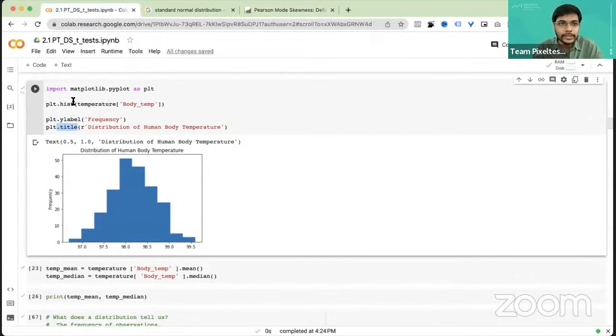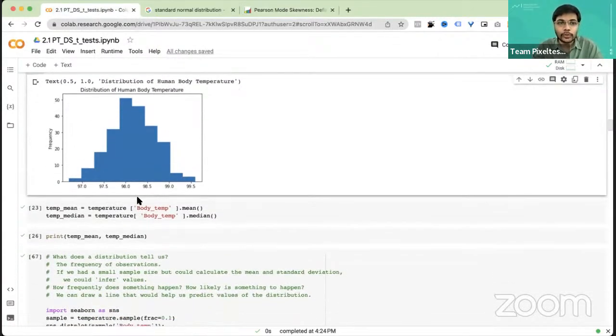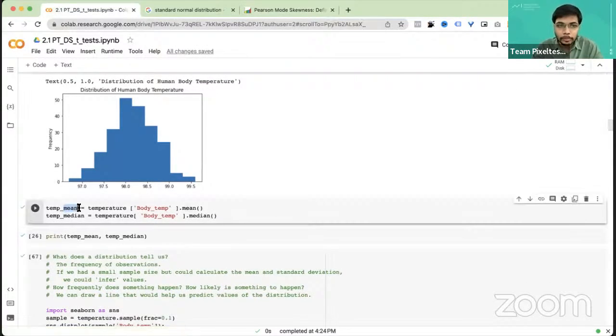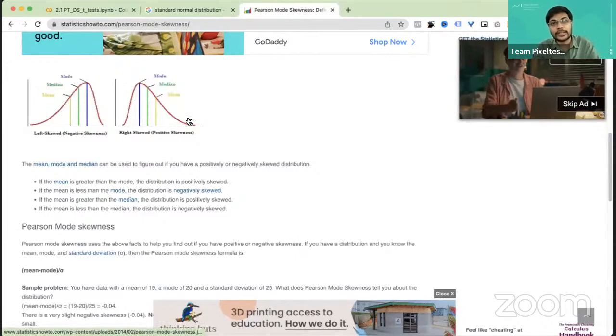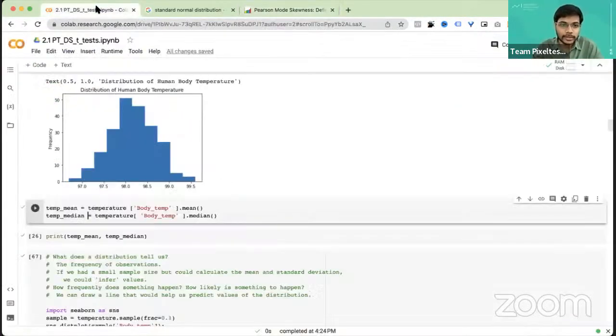Now we've plotted a histogram of the 223 rows that we had here. What we are trying to do now is get the mean and median, because that will also let us know if it is left skewed or right skewed.